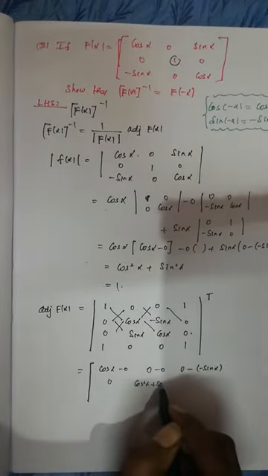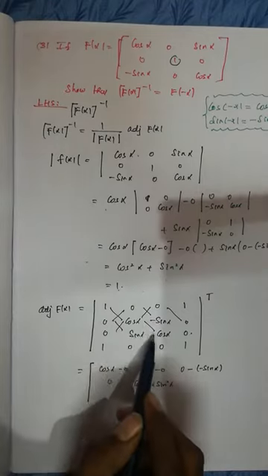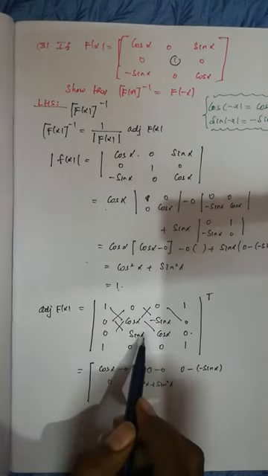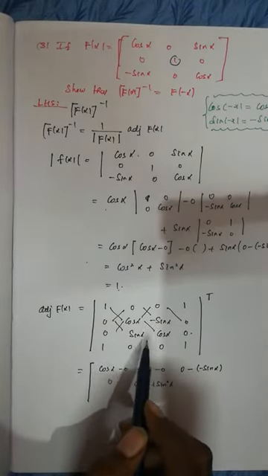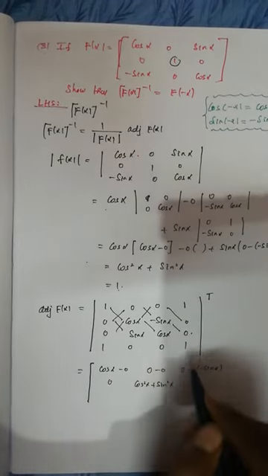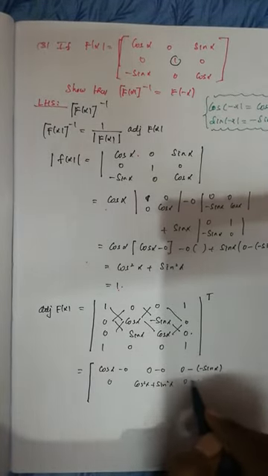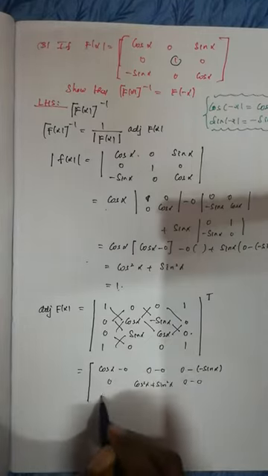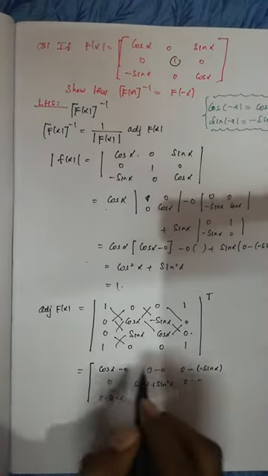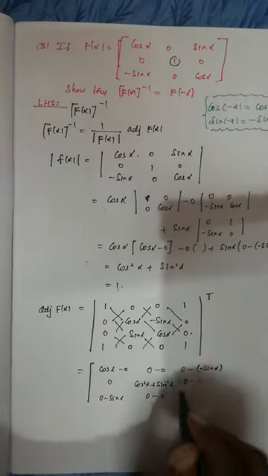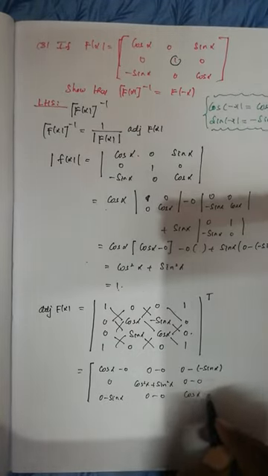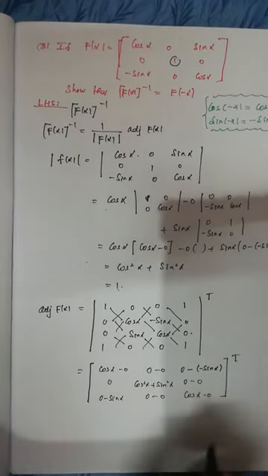So here I have plus sin square alpha. Cos square alpha minus of minus sin square alpha, which is cos square alpha plus sin square alpha, which is again 1. So I have sin alpha into 0 is 0. 0 into cos alpha is 0. 0 minus sin alpha, 0 minus 0, and cos alpha minus 0 transpose.